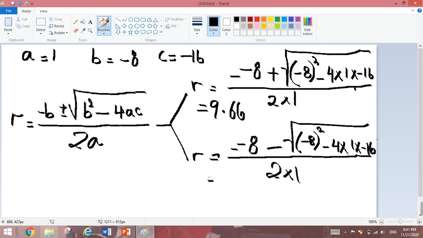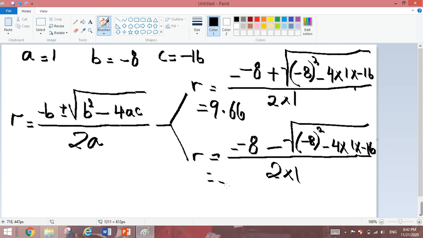Let's go to the second one. So you're going to put the fraction button and then minus 8, and remember it's minus now, square root, and put the x squared button, put the brackets, inside the brackets put minus 8, get out of it and then say minus 4 times 1 times negative 16, go down to the denominator and it's 2 times 1, and then get out of this and put the equal, put the decimal.